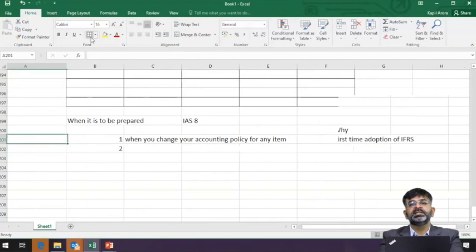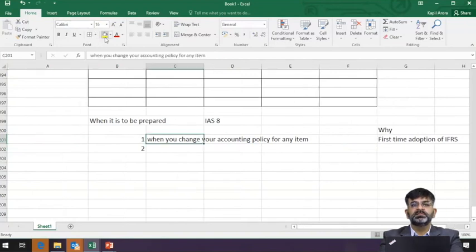We are changing the accounting policies. Because in the first time adoption, you are changing your accounting policies from the older GAAP to the new GAAP, and this is as per IAS 8, where you need to present your numbers for the three balance sheets. Right? So just because the change in accounting policy requires you to make the third balance sheet there, right?